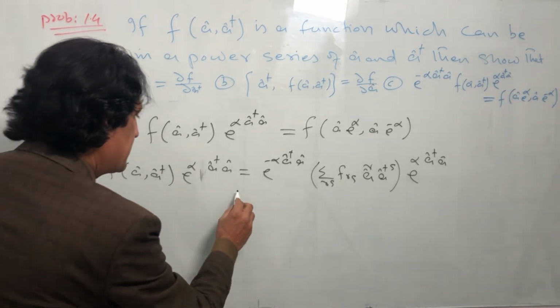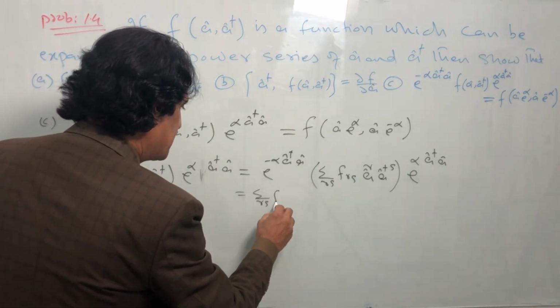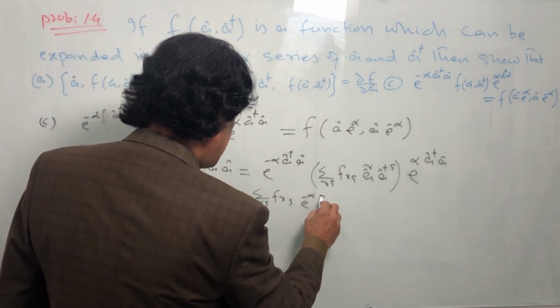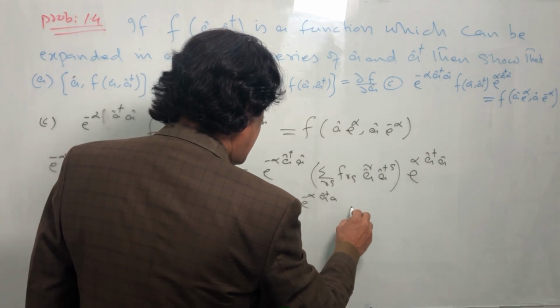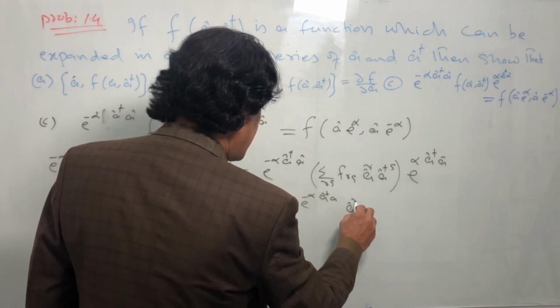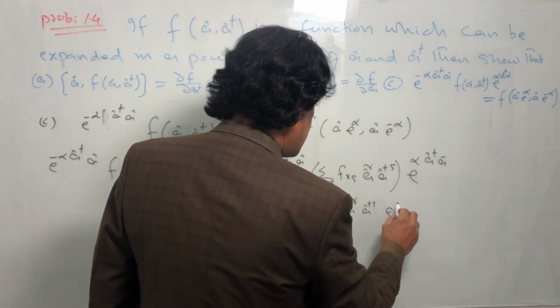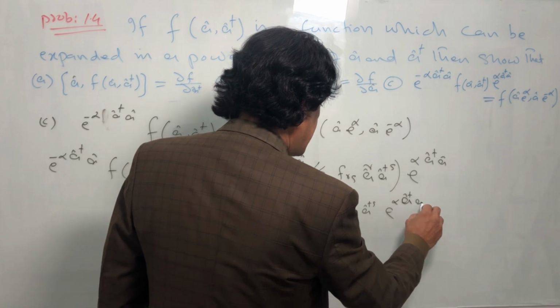Now we can take the summation outside, and we have e to the power minus alpha a dagger a, this a to the r a dagger to the s, and e to the power alpha a dagger a.